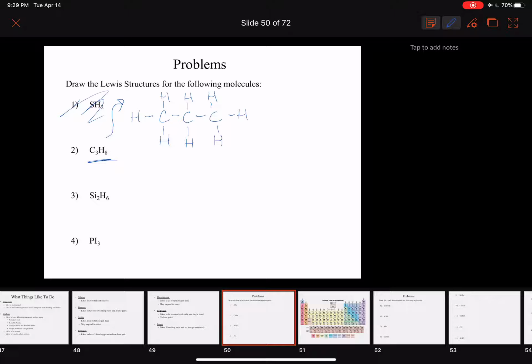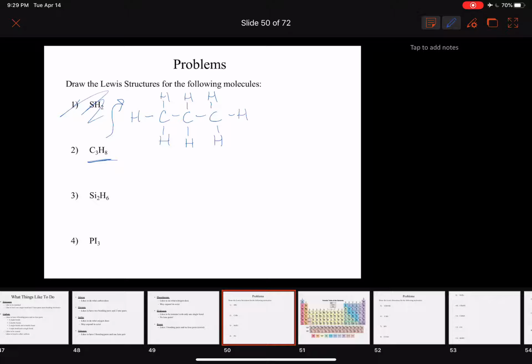Now looking at this molecule, you can see that everybody's happy. All the hydrogens are doing what they like to do. They have a single bond and no lone pairs, and all of the carbons are doing what they like to do. They have 4 bonding pairs. Also, all of the hydrogens have duets, and all of the carbons have octets.